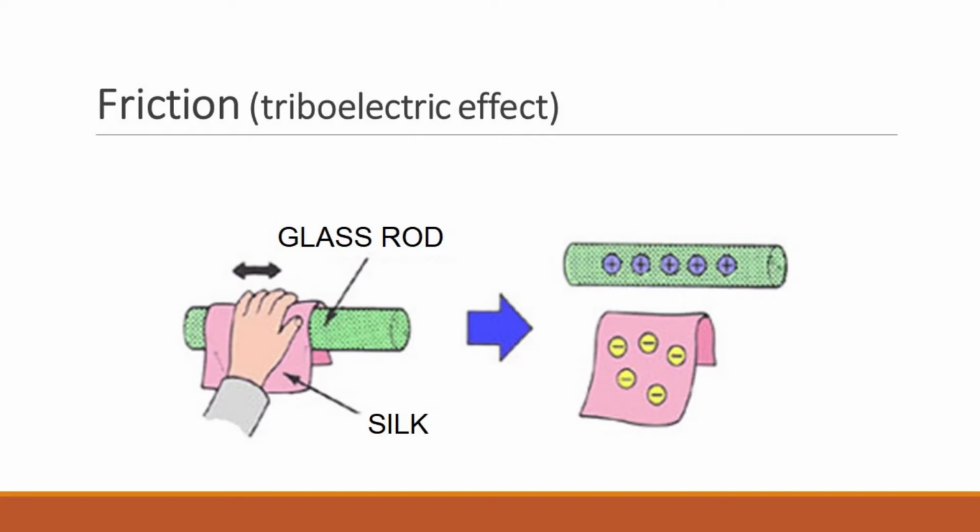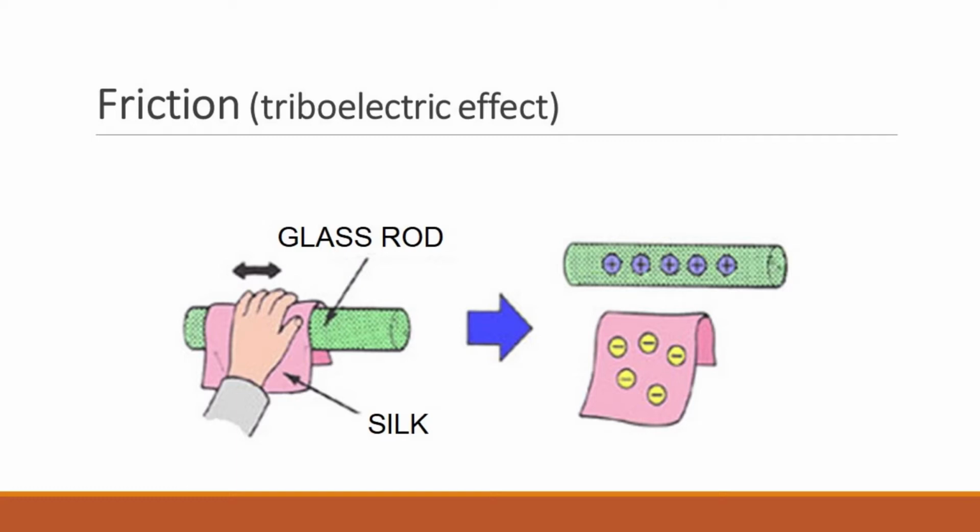When we electrify objects by friction, we are applying an effect that is called the Triboelectric effect. In this case, we take two materials of different type, let's say a glass rod and silk. We're going to rub the glass rod with the silk.